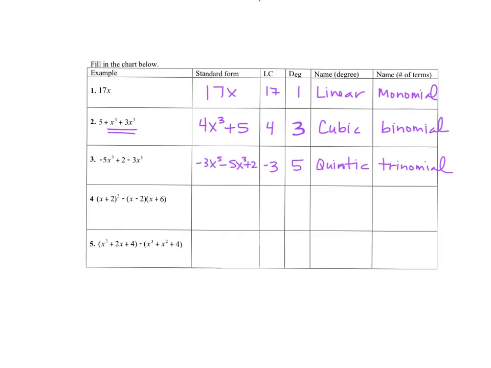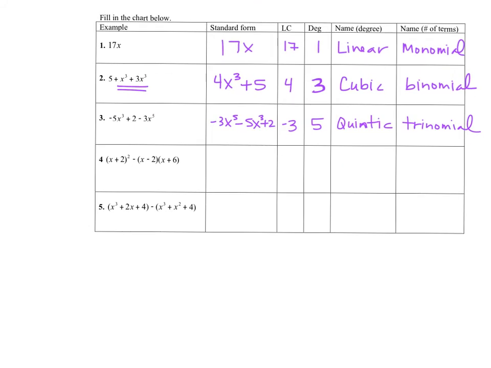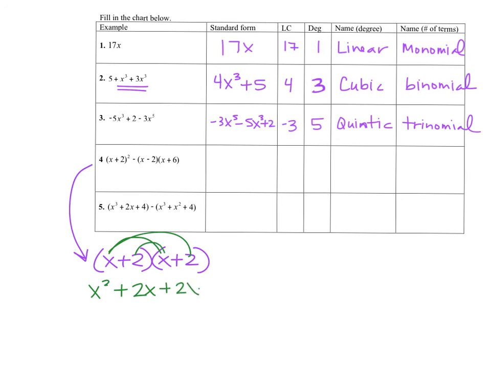Okay, now these ones are a little fancier. We're going to move down here to lay this out. X plus 2 squared is x plus 2 times x plus 2. If you remember the little shortcut, you're welcome to do it, but 90% of people never do, so I'm going to FOIL this for you. X squared plus 2x plus 2x plus 4, so that's x squared plus 4x plus 4, right?